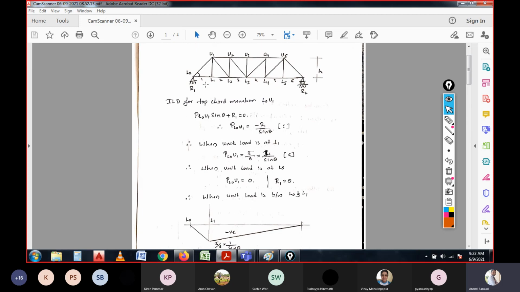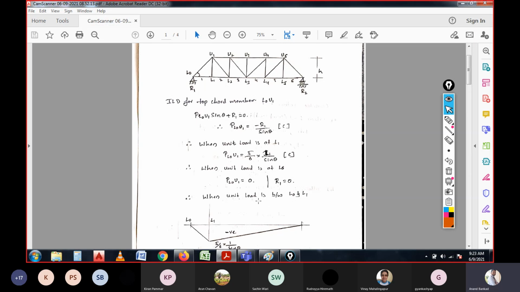And this influence line diagram can be drawn over here. The negative sign convention you can have below the axis, and positive above the axis. That is left to you, but you have to denote the sign, minus or positive.